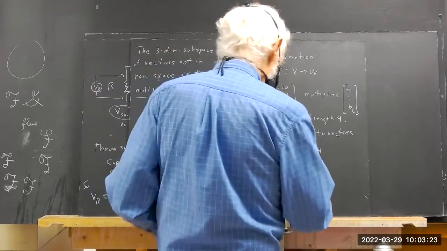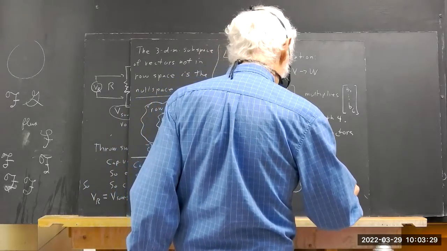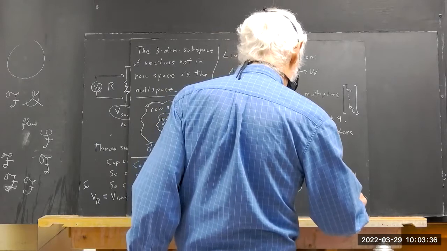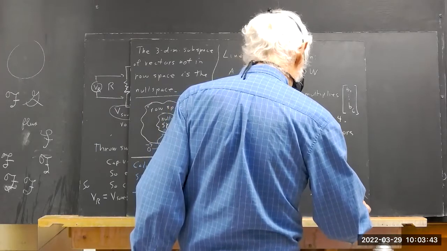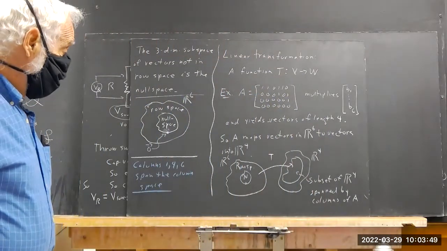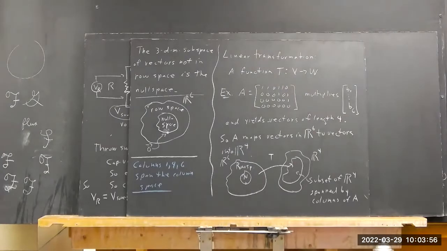Anyhow, this thing here is the subset of R4 spanned by the columns of A. And I called it subset, it's actually a subspace. Okay.